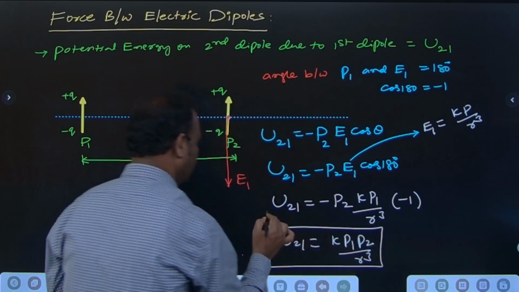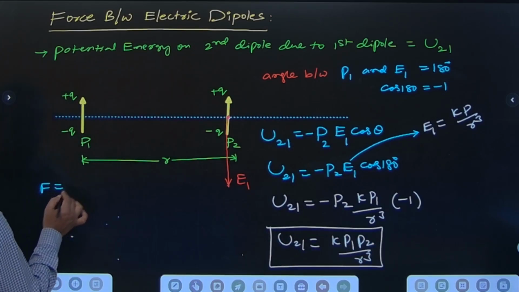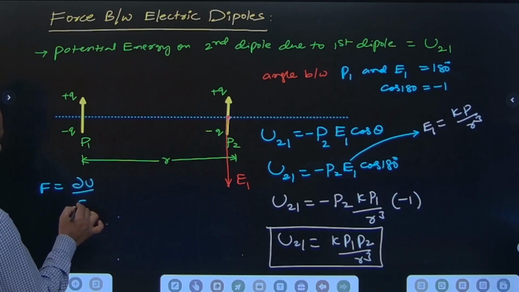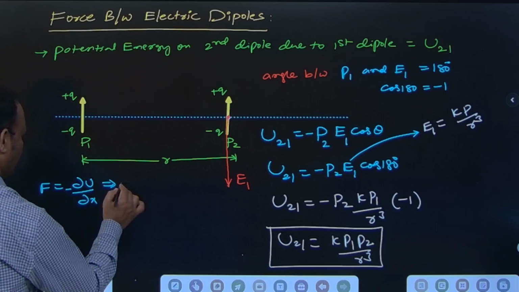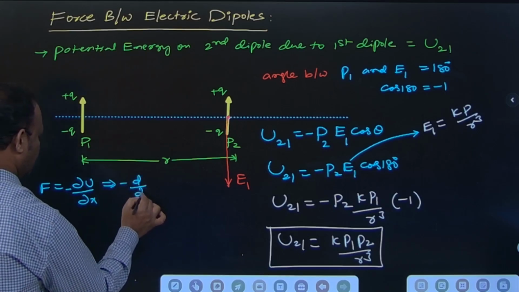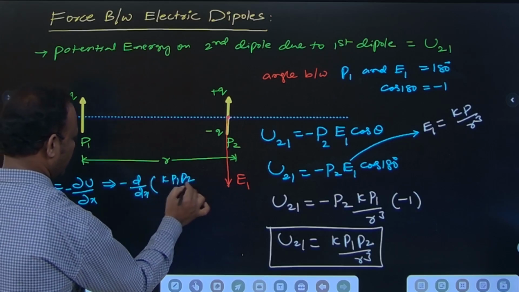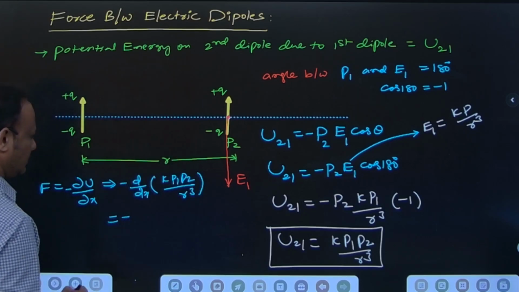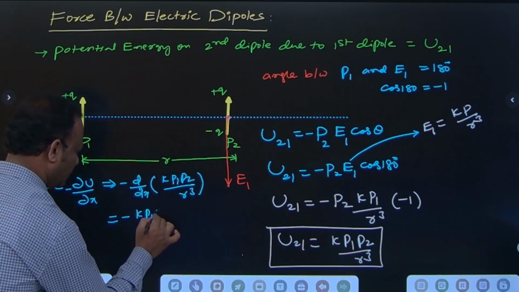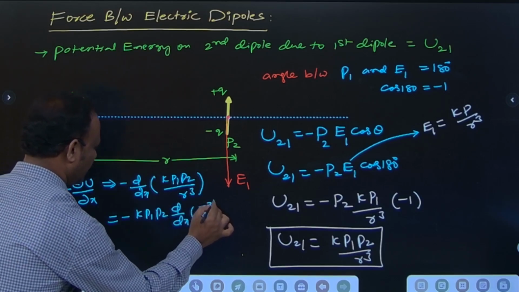So there is the sign convention; between these two we have a plus sign. Force F is equal to minus dU by dx. So this becomes minus d by dx of K P1 P2 by r cube, which is minus K P1 P2 d by dx of r to the power of minus 3.